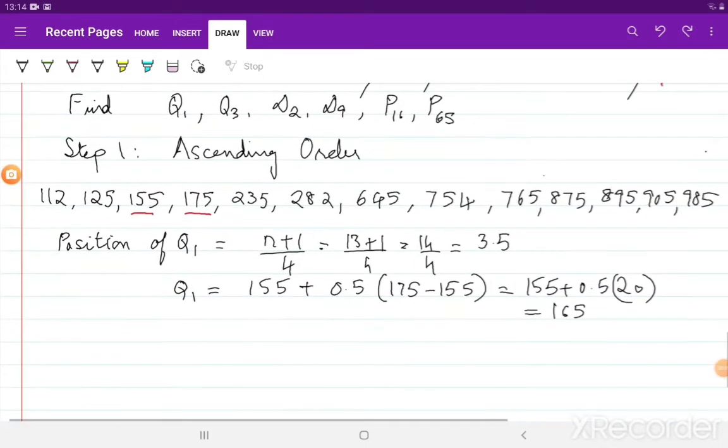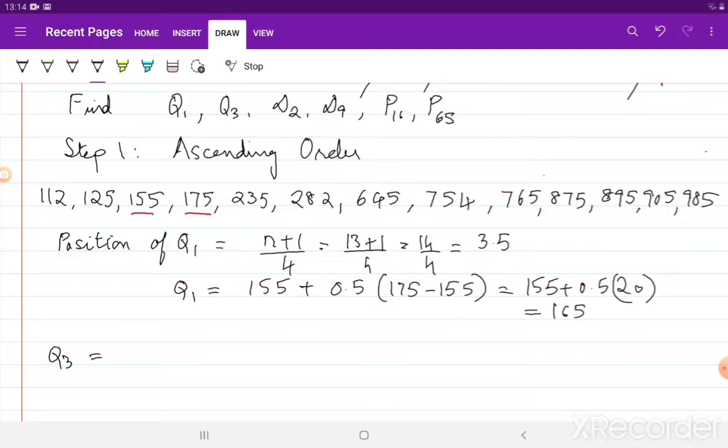Next we are supposed to find the value of Q3. We know Q3 is that partition value such that 3/4 of the total observations lie below this Q3 value.